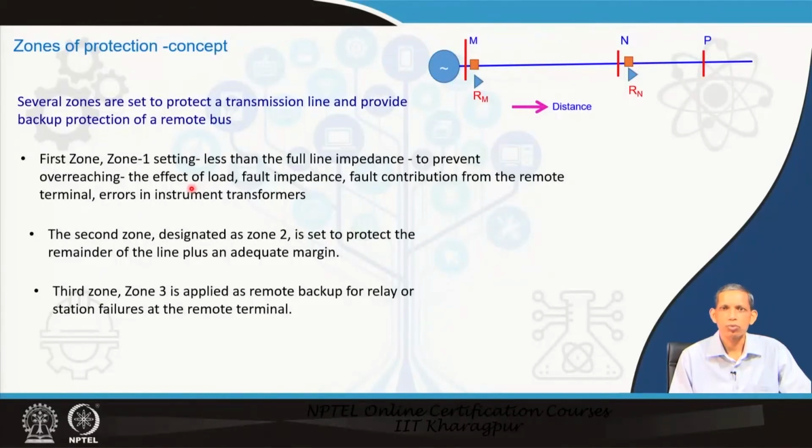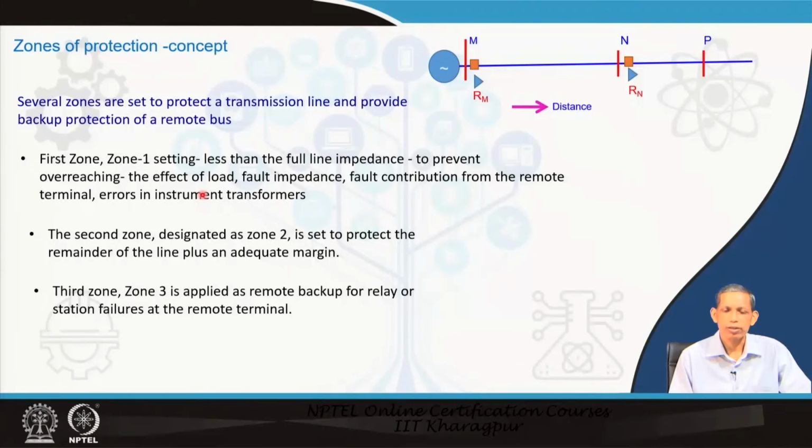So, these two combined will be observed by the relay. That also may have an effect. If the fault happens to be associated with an impedance, arc resistance and so on, then the impedance seen or calculated by the relay will be a different one. So, there are other associated errors.